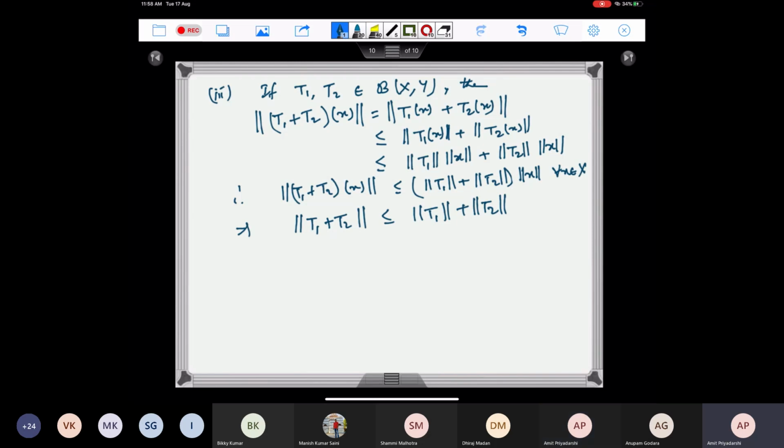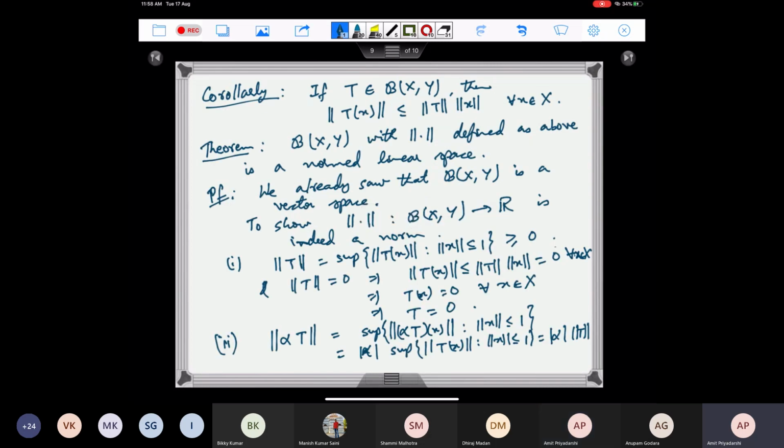I think I am out of time, so I'll stop here. The next important thing I'll prove is that if Y is a Banach space, which means that Y is a complete normed linear space, then B(X,Y) is also a Banach space. So for the completeness of B(X,Y), we need that the range space Y should be complete.